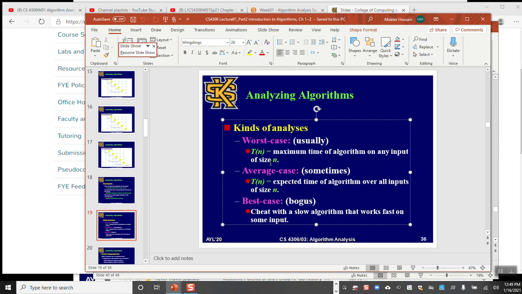That is our worst case. The best case is that it's already sorted, we don't need to swap any elements. In general that may not happen.